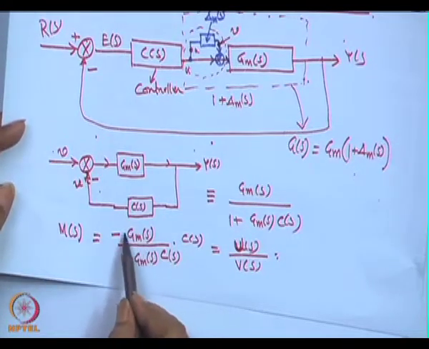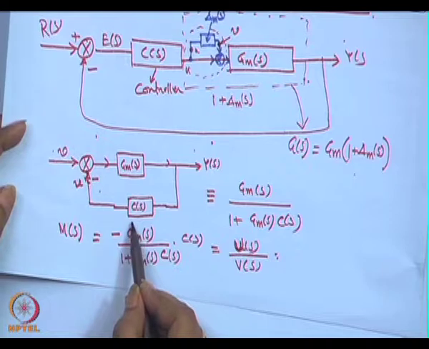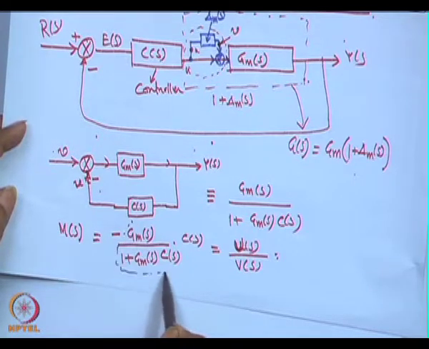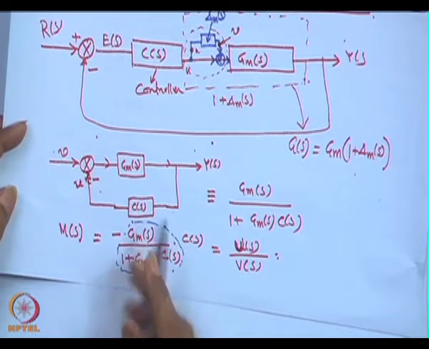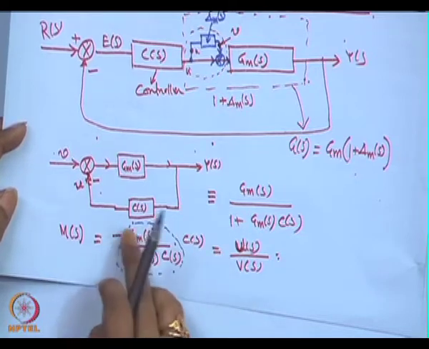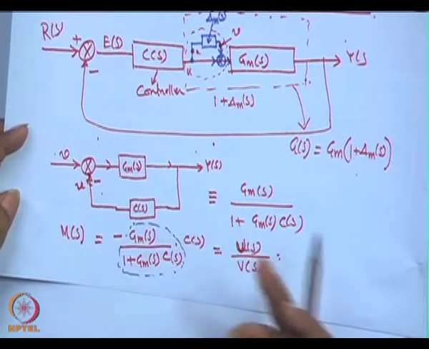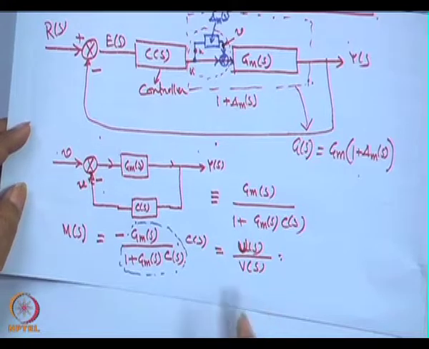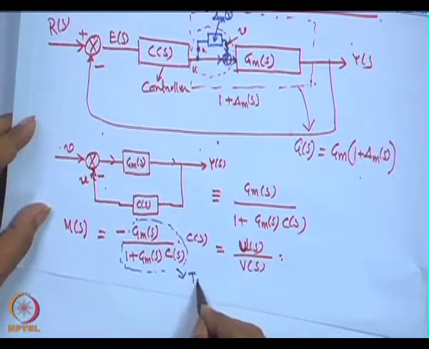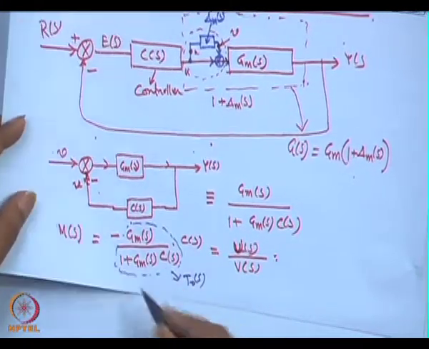What is this one? From here to here, it is nothing but the transfer function T 0, the complementary transfer function that we denoted by T 0 of S based on the plant model.